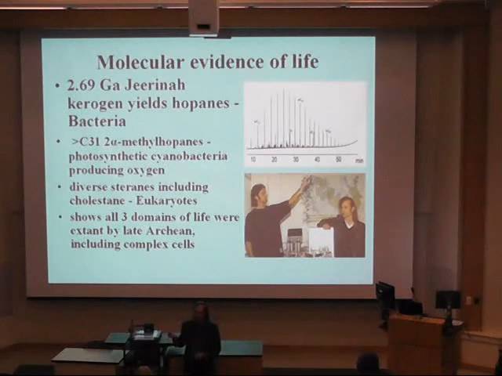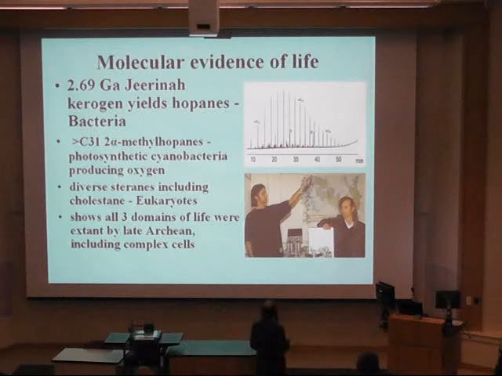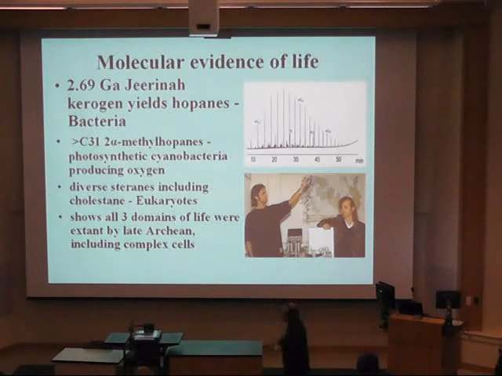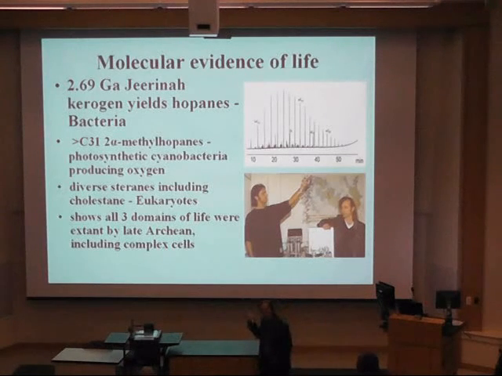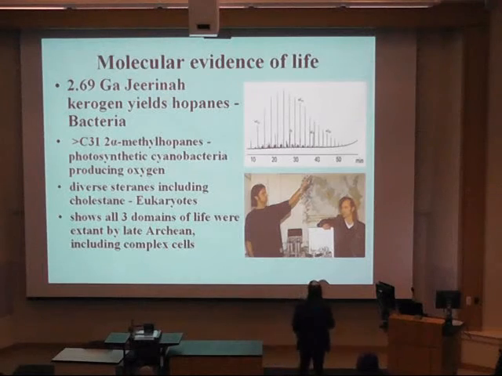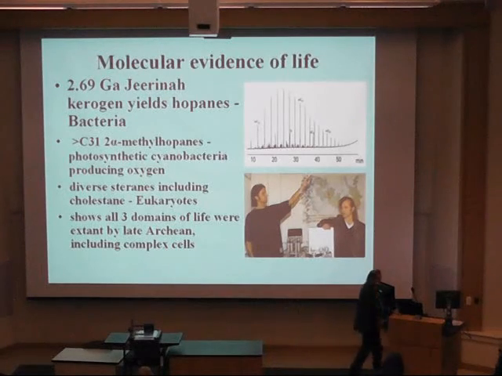We had particular phyla of bacteria, including the cyanobacteria that were responsible for putting all the oxygen in the atmosphere. And we had direct ancestors of eukaryotes. The fact that there's cholesterol in these rocks is proof that your ultimate ancestors were around on Earth 2.7 billion years ago.